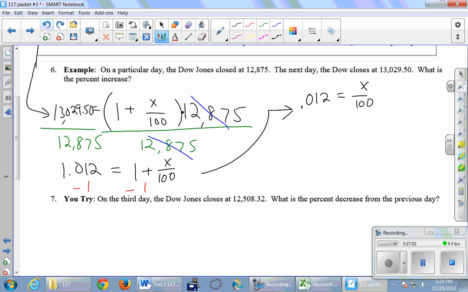Last step, what's the opposite of that divide by 100? Multiply by 100. Times 100 times 100. They cancel here. And then 1.2 over there. 1.2%.